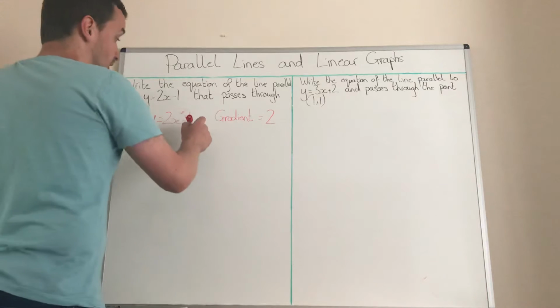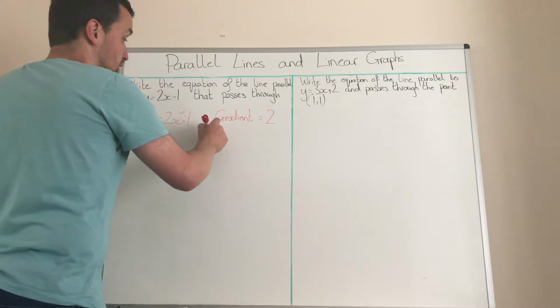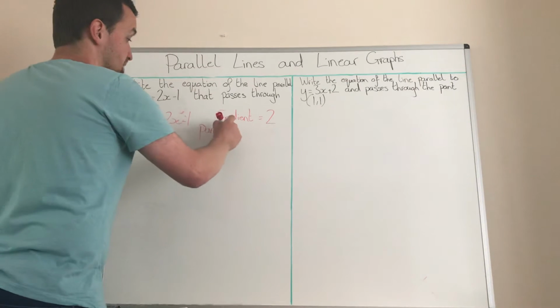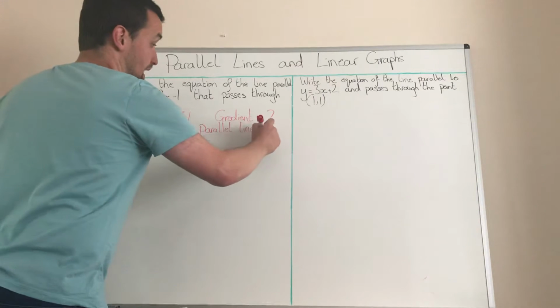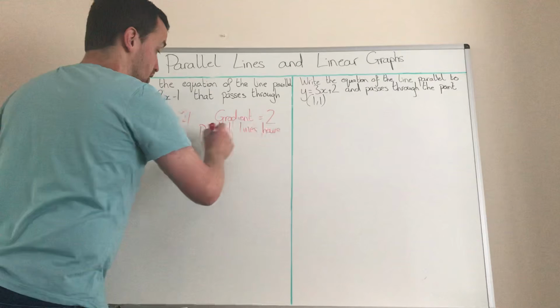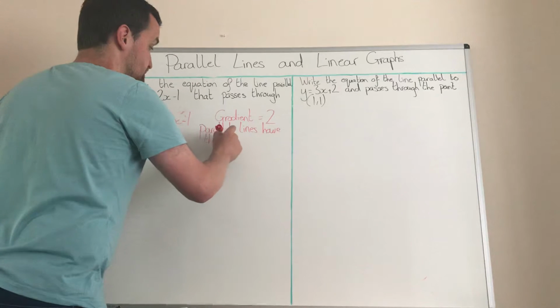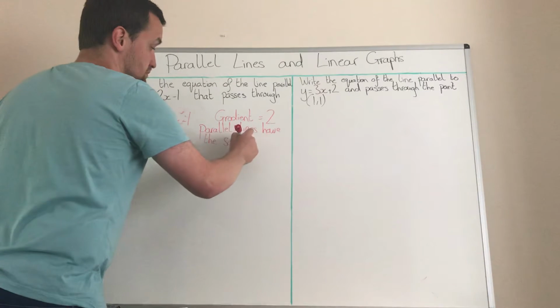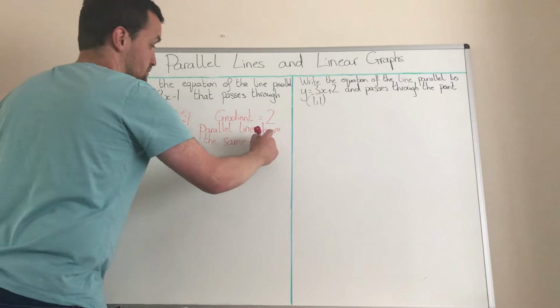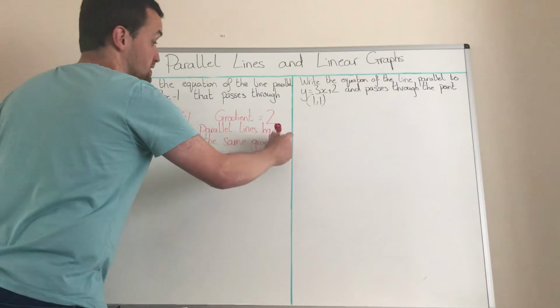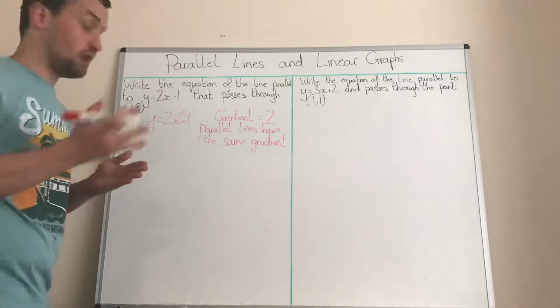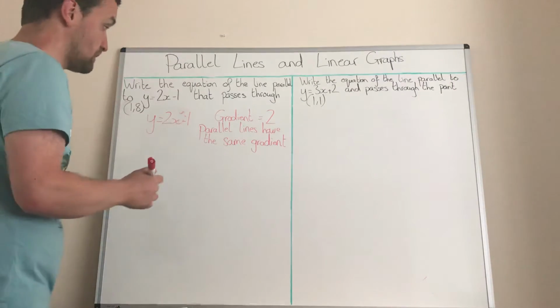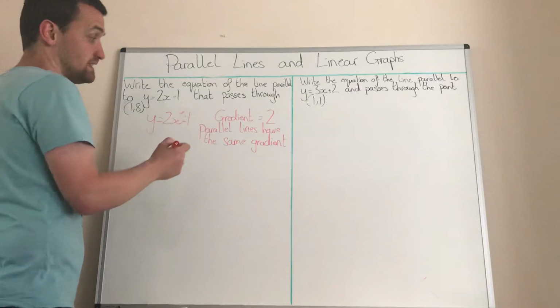If you remember back to last lesson, parallel lines have the same gradient. That's important. You need to know that and you need to be able to use it. If you can't use it, look back at the video from last lesson. So parallel lines have the same gradient.